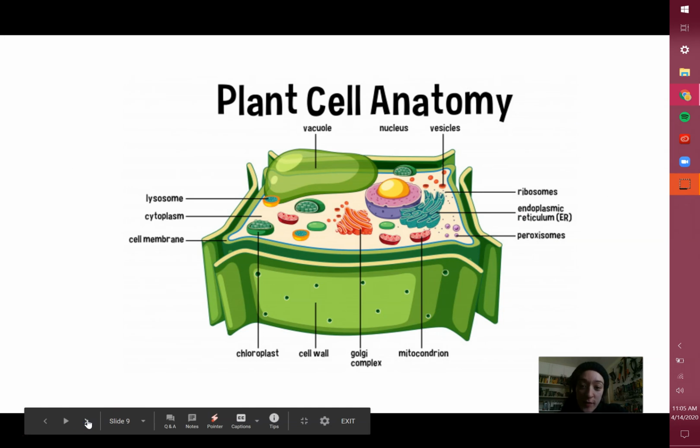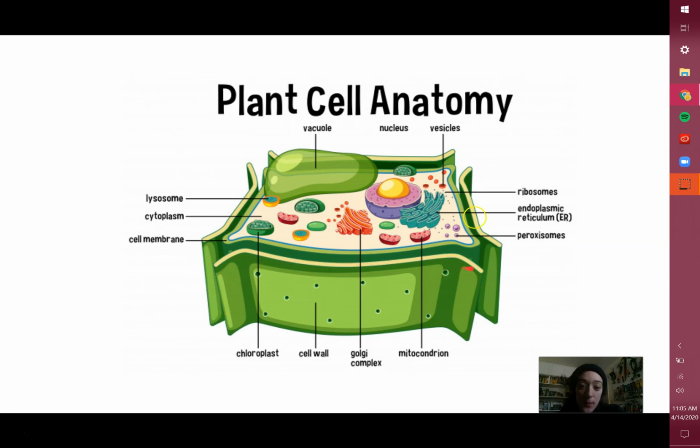So here's a good picture of a plant cell with its thick walls on the outside and this big vacuole. So that's for holding waste and extra water. Right? So these walls and the big vacuole inside of the cells are important because that's what helps keep the cells upright and nice and juicy and full.